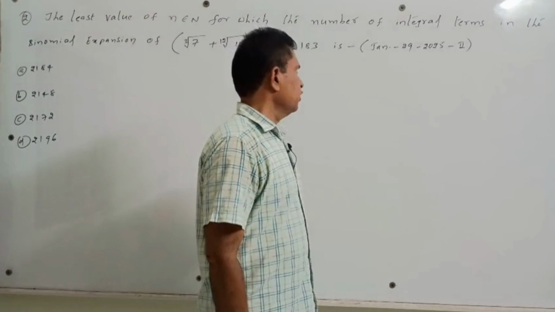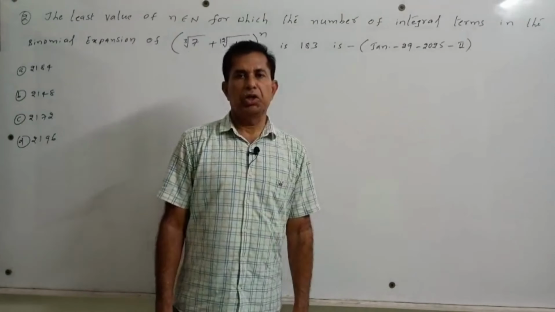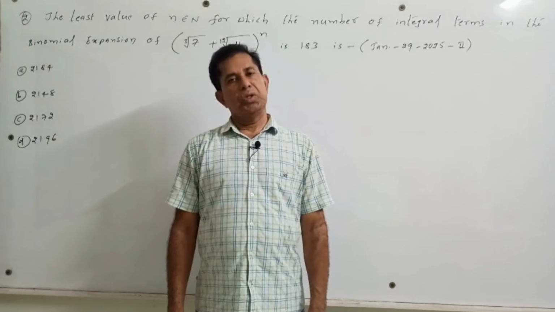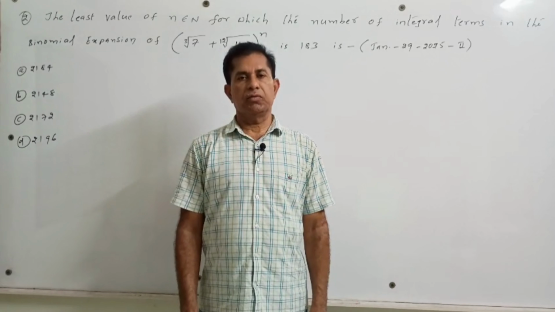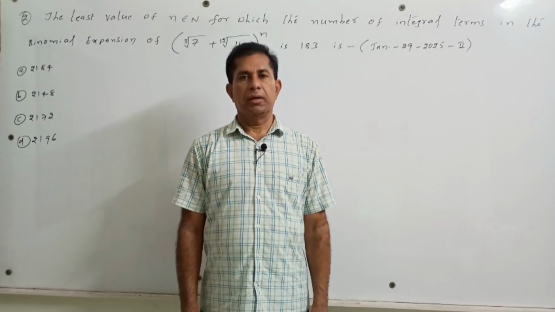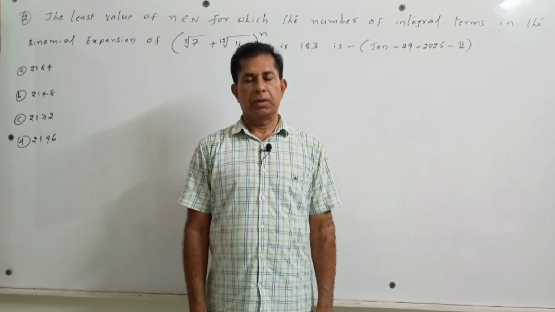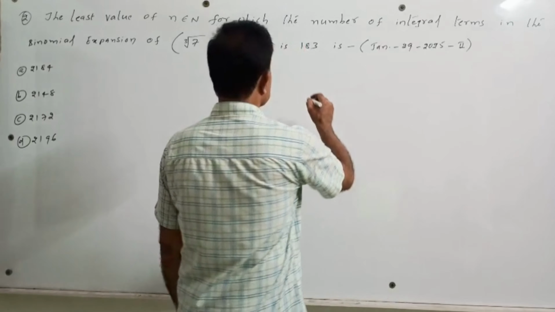This problem was given on January 29, 2025 in shift 2. In this problem he has already given the number of integral terms is 183. We have to calculate the least value of n. See the procedure.